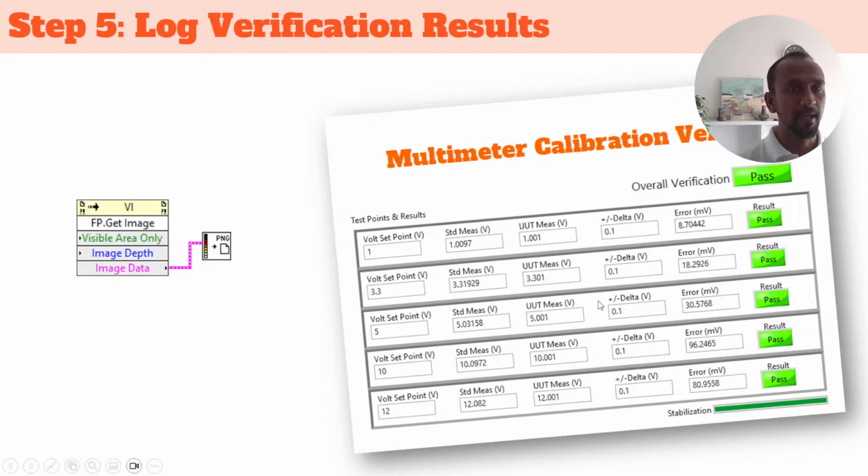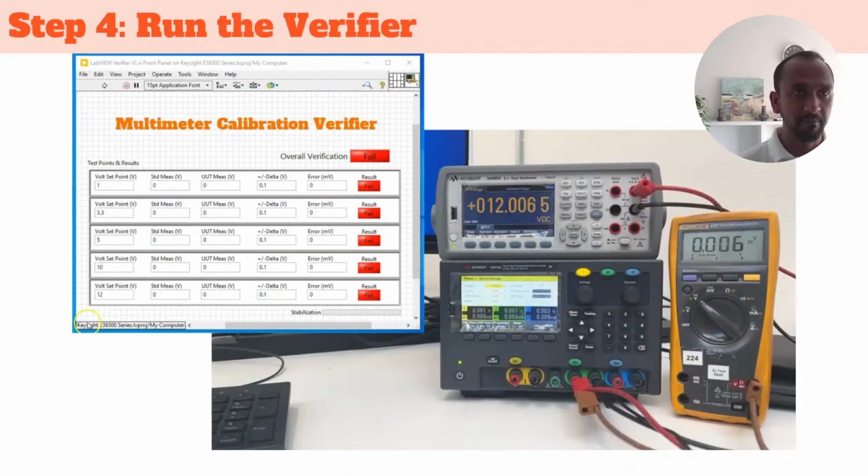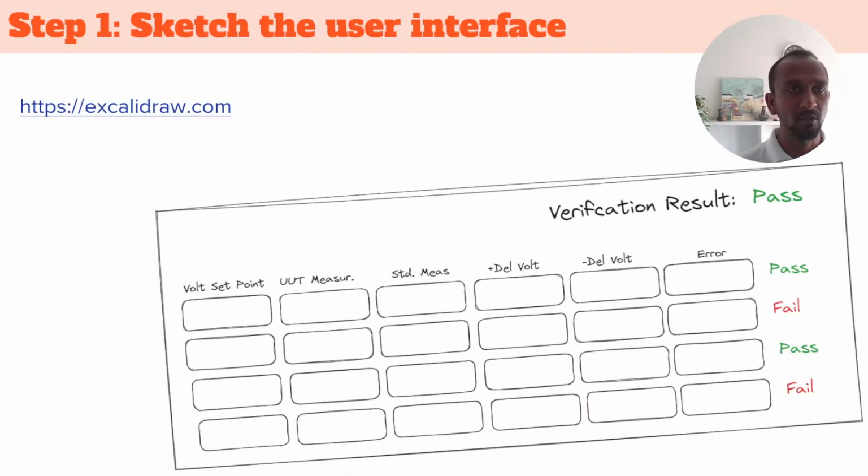And that's how you could do a simple verifier. You can bring up a simple verifier based on these steps. Going back, on the first step, we try to sketch our own thoughts, how the verifier should come out.